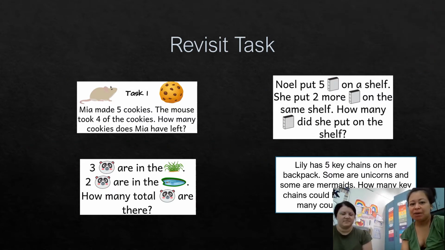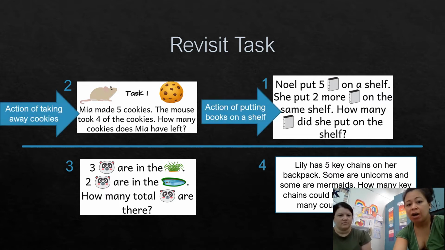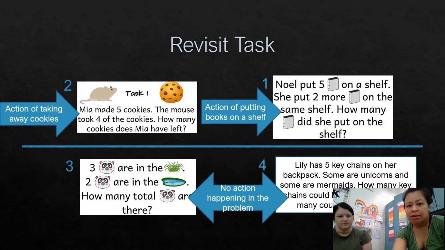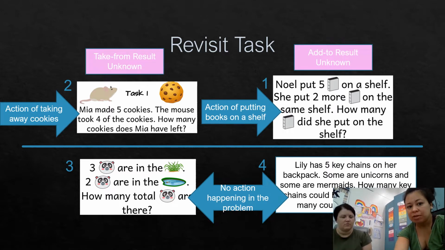All right, so we talked about the actions that are happening and the actions that are not happening, and these are our problem types that kindergartners are expected to learn. There's 4 of them. There's the add to result unknown, which is the Noelle problem, the take from result unknown, which is the Mia problem with the mouse, and that just means that the answer is unknown.